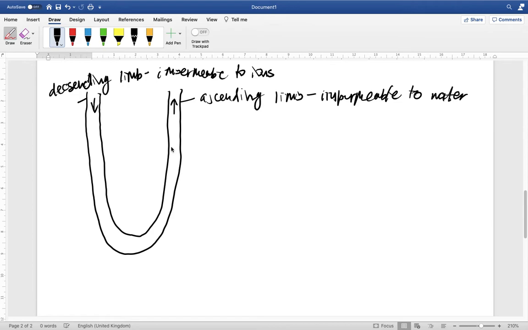Okay, so what's happening here is a pretty complicated process, you've got to pay attention. We're going to start describing it from this ascending limb. So here what's happening is you've got two main ions being pumped out of this ascending limb into this space. And these ions are sodium ions, and it would be interesting to see if you know how to write it down as a chemical formula.